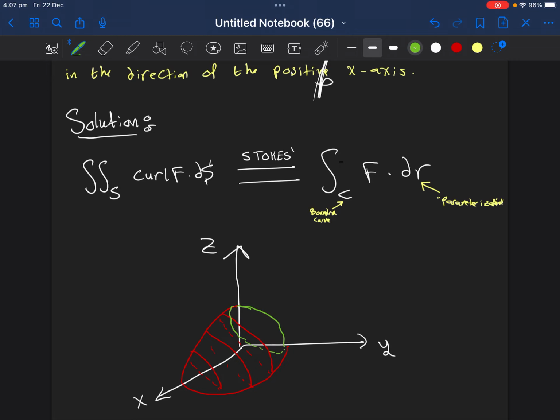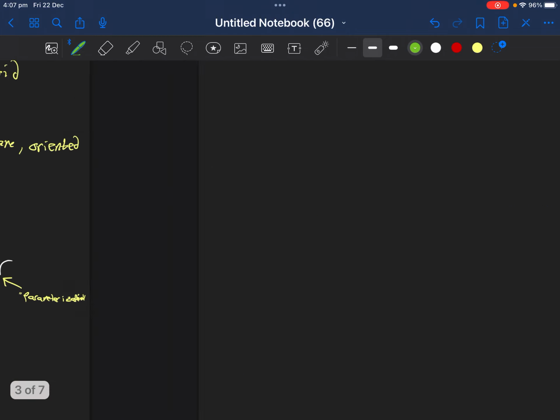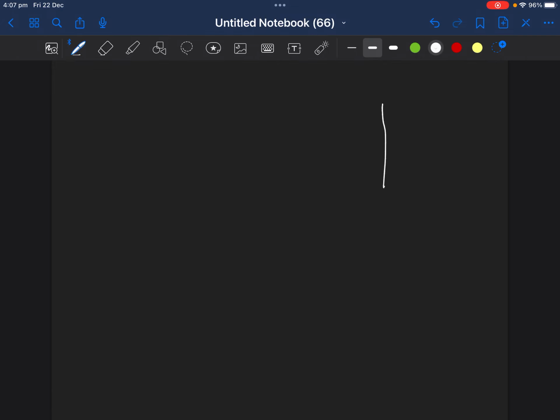the surface S. So we need to focus on this one, and in order to find that, we have to set x equal to 0. Of course, the first thing for the parameterization is that x equals 0.